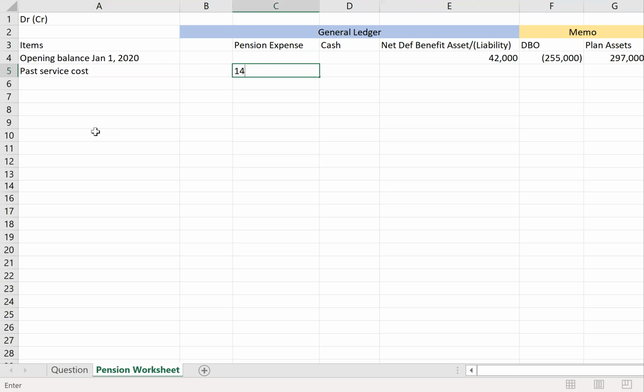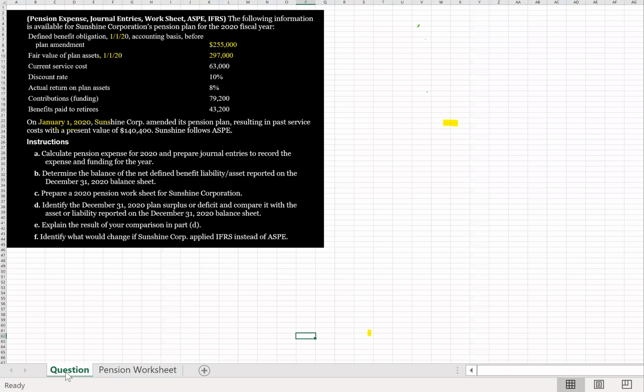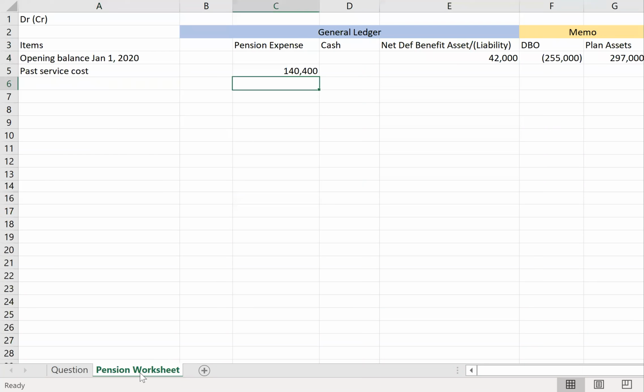So that's going to be an expense for the corporation. Let's just double check that number. Yep, $140,400. So it's going to be an expense for the company, and it's also going to increase the DBO of the plan because now the plan has to pay out an extra $140,400 in the future.